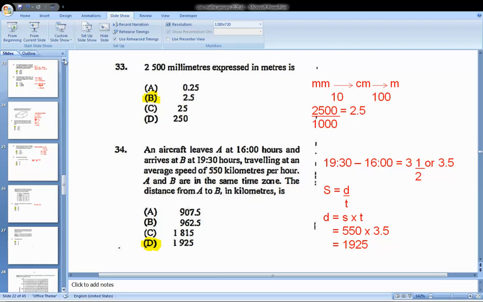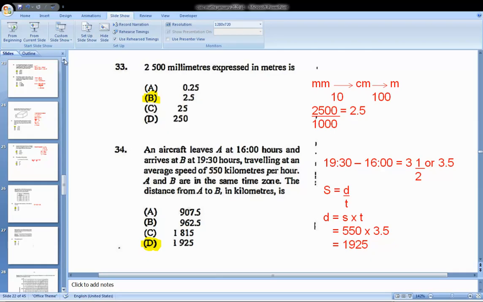The distance from A to B in kilometers is... First we have to find the amount of time the aircraft took from leaving A to arriving at B. So we subtract 16 hours from 1930 hours, and we get 3.5 hours it took in traveling.